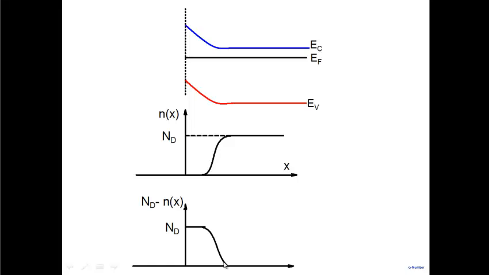So what we do is, as a first order approximation, we say that the charge density looks like this here. We approximate it by saying that the charge density is equal to q times nd up to a certain point, and then we ignore the transition region altogether. We say then the charge density drops to zero abruptly here.